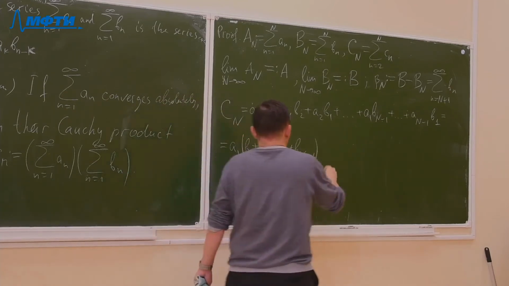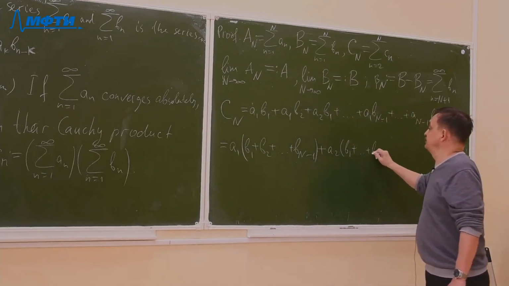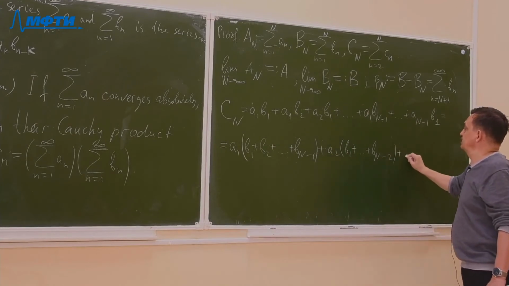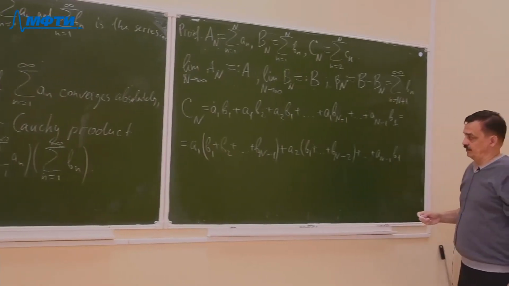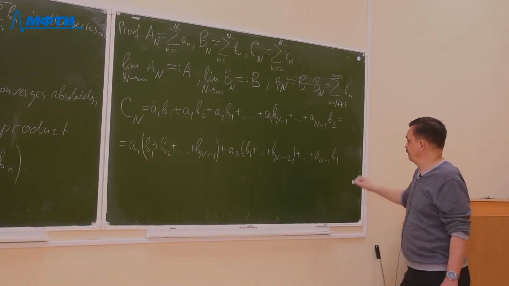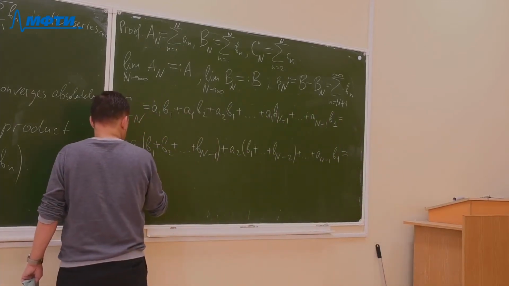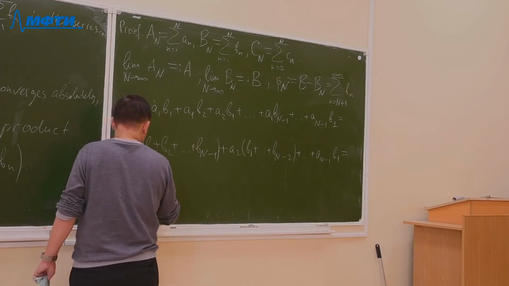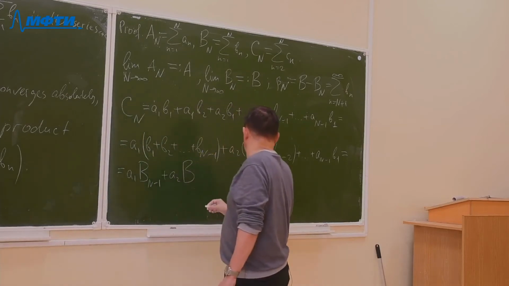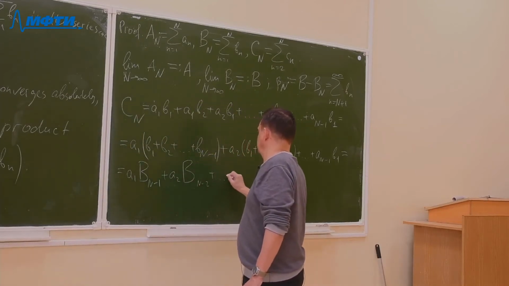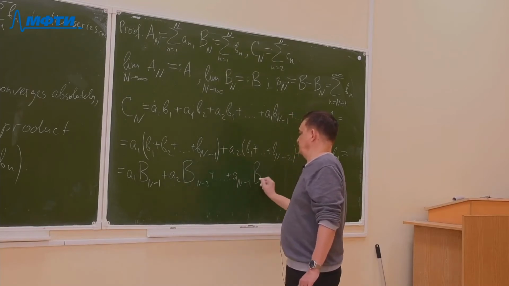Also, similarly, A2 times B1 plus so on, plus B_(N minus 2), and so on, A_(N minus 1), only B1. That is A1 capital B_(N minus 1) plus A2 capital B_(N minus 2) plus so on plus A_(N minus 1) capital B1.